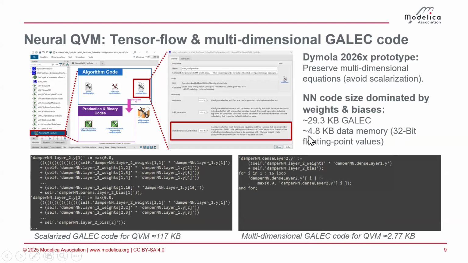But this is really the minimum you need, because that's basically floating point values. And it's 2 times 600 neural network parameters times 4 byte for representing a 32-bit floating point. That's why you get 4.8 kilobyte. Below that, you can't go. Interesting is this here, when we say this is still Gallic code, 2.77 kilobyte.